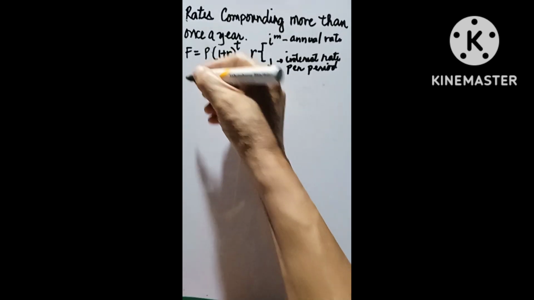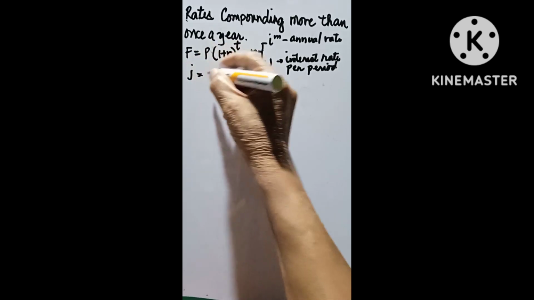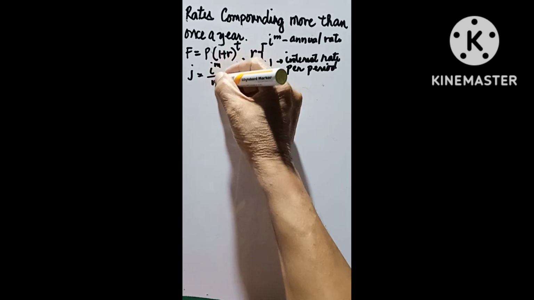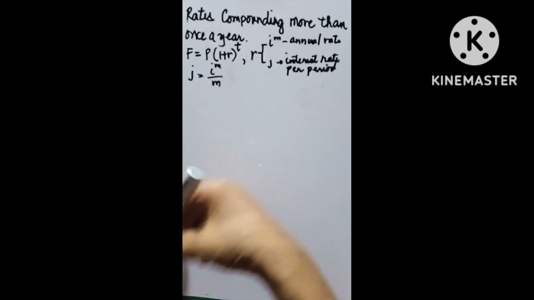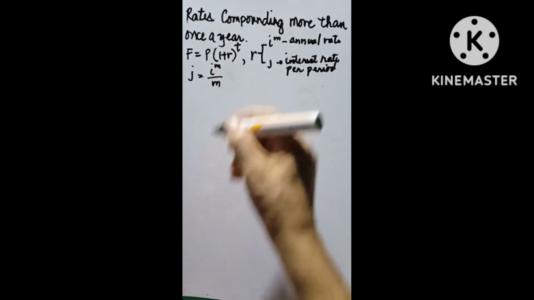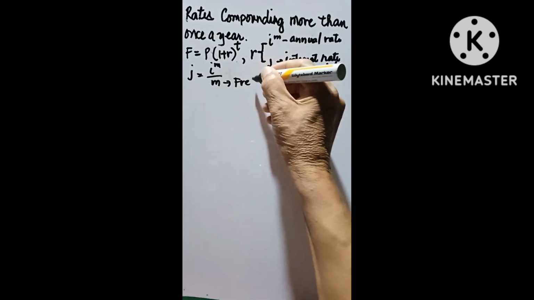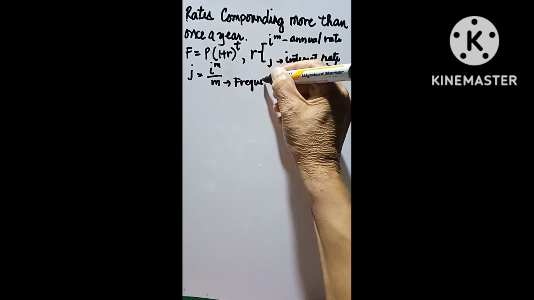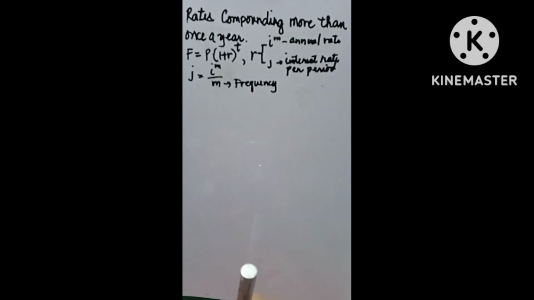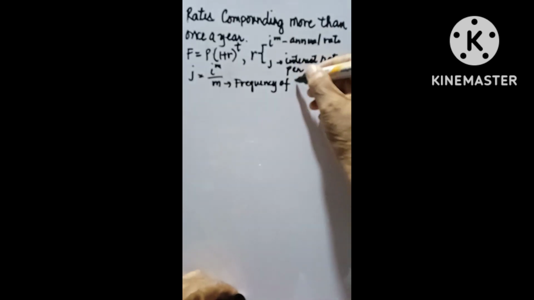And J is obtained by I(M) over M. This I(M) is, as I said, the annual rate, and this M is the frequency of conversion per year. How many times the rate is compounded. Frequency of conversion.